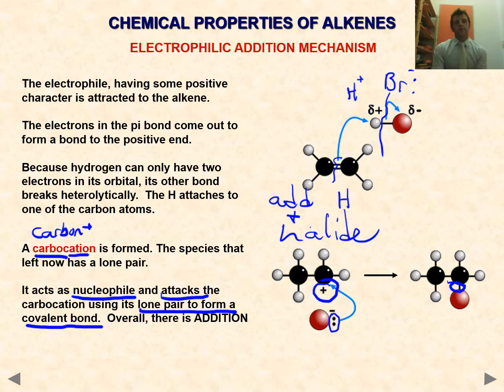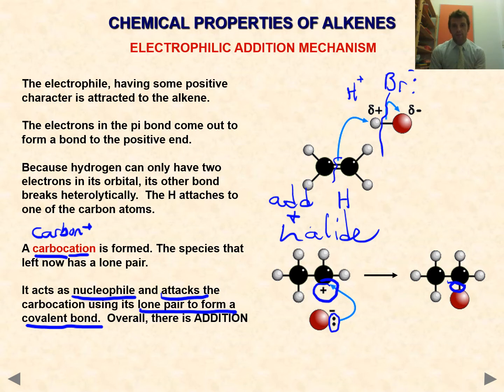We actually call this nucleophilic attack. So you can see it acts as a nucleophile and attacks the carbocation using its lone pair to form a covalent bond. So what we've done is we've split up this double bond, and we've added a hydrogen and whatever the halide is. In this case, it looks like a bromine.